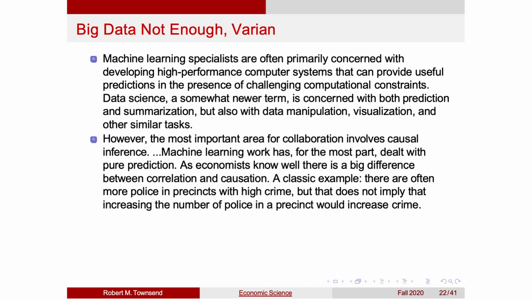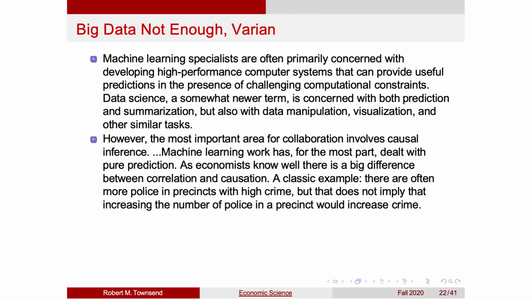However, the shoe drops. The most important area for collaboration involves causal inference. Machine learning has its part to play. It deals with pure prediction, but there's a difference between correlation among variables and causation. And he gives this example, which nowadays is a bit more nuanced than it was when he wrote it.